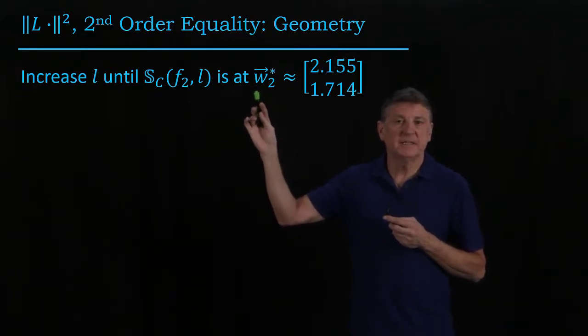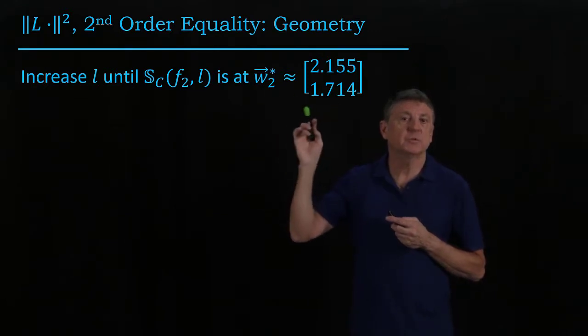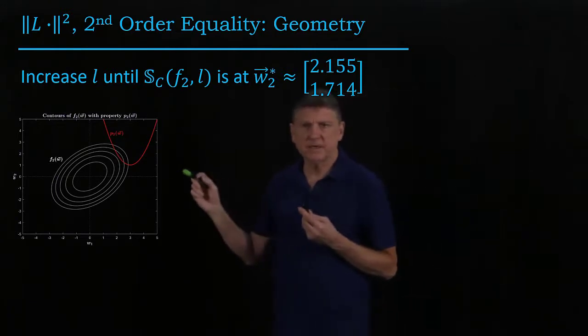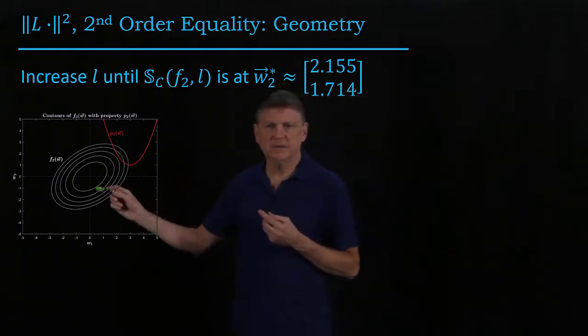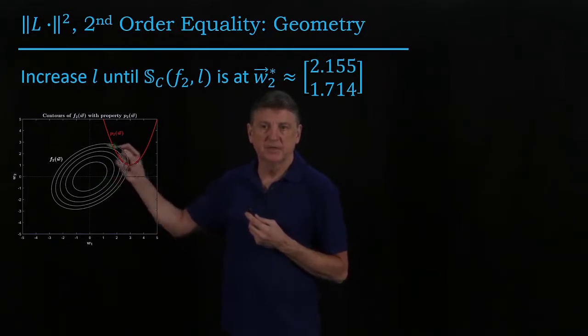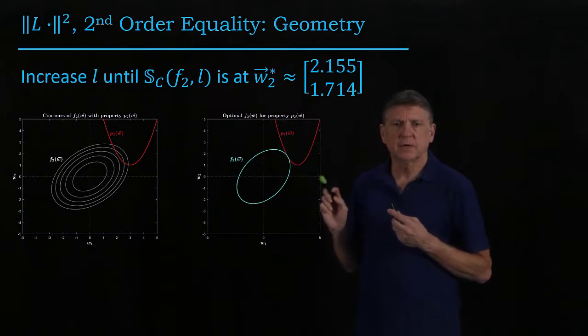And what we find is that this optimal point for function 2 is approximately these numbers. And this is the geometry behind it. As we drew before, if we pick a small level, there are no intersections. And if we pick a large level, there are 2. And then for some level, there's exactly 1.